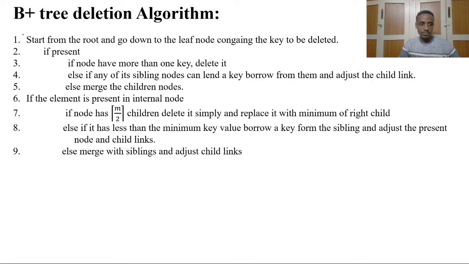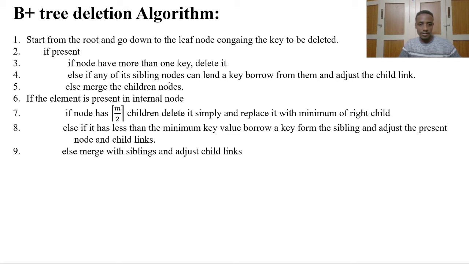Here is the algorithm. We start by searching from the root node deep down to the leaf node. If the leaf node fulfills the condition, meaning the minimum number of keys is satisfied, the extra key can be deleted easily without disturbing the B+ tree.